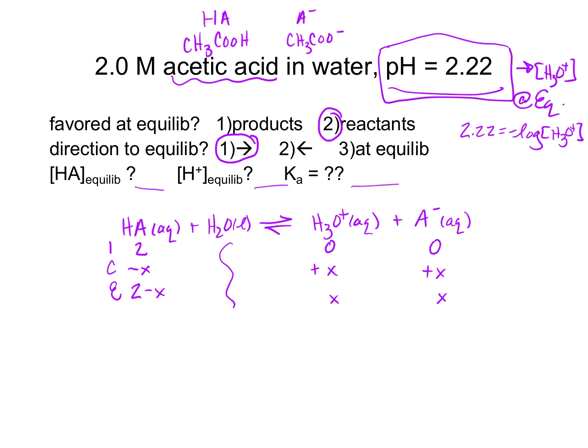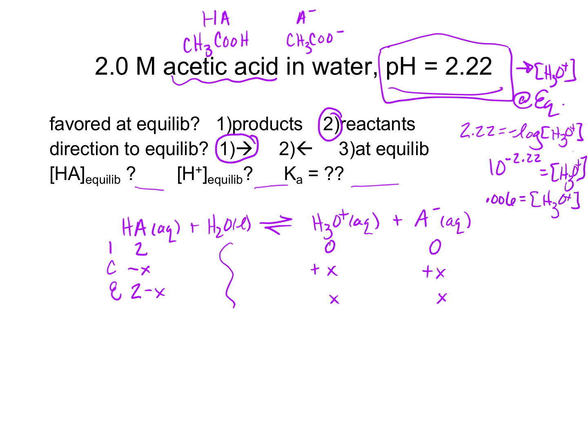If I look back at my little box before, rearranging that gives me 10 to the negative 2.22 is equal to the H3O plus concentration. That gives me 0.006, which is equal to the H3O plus concentration.